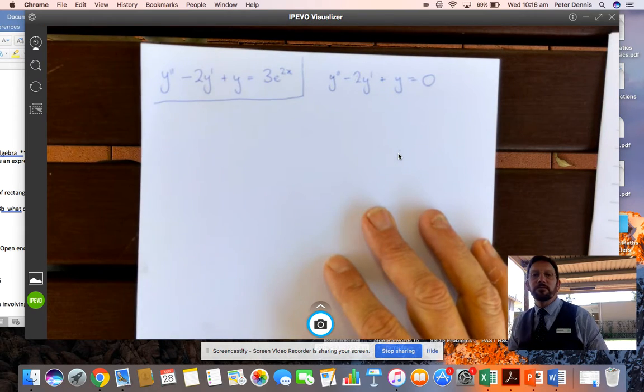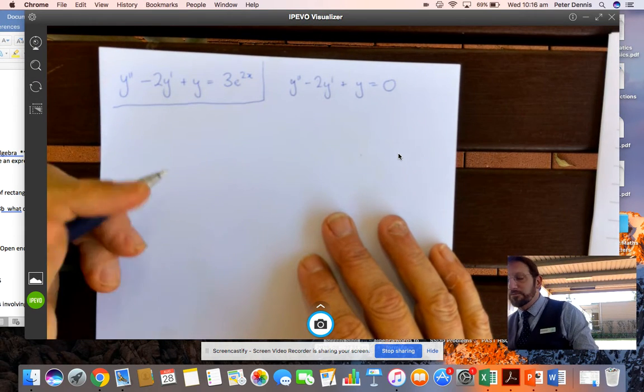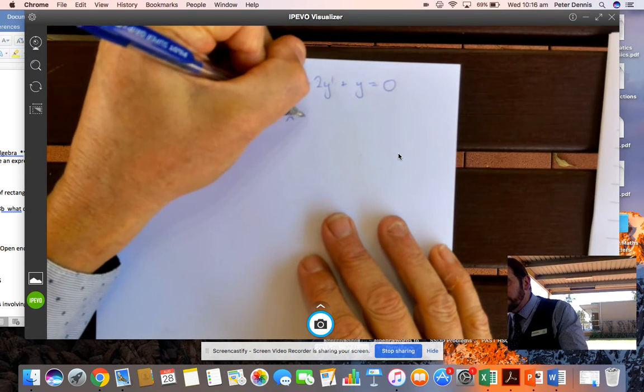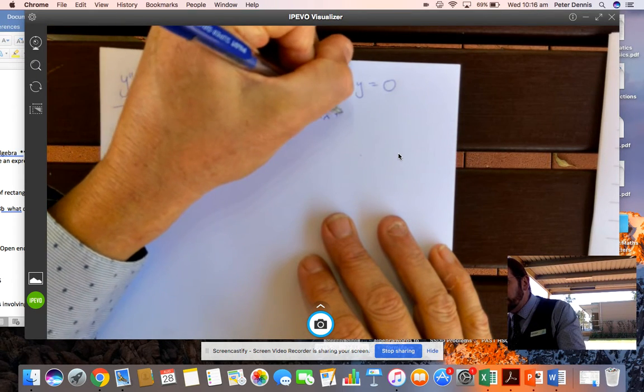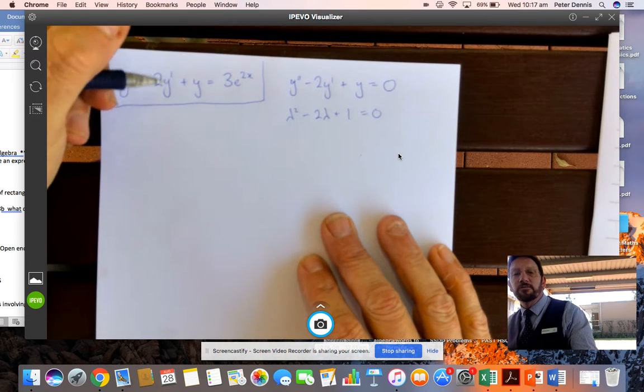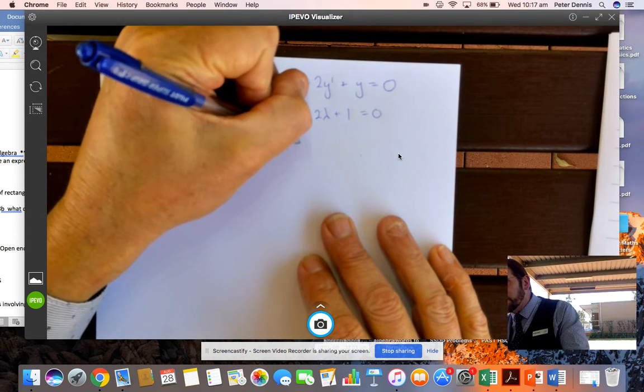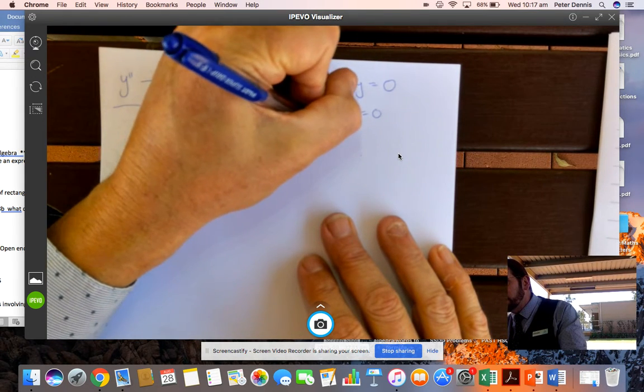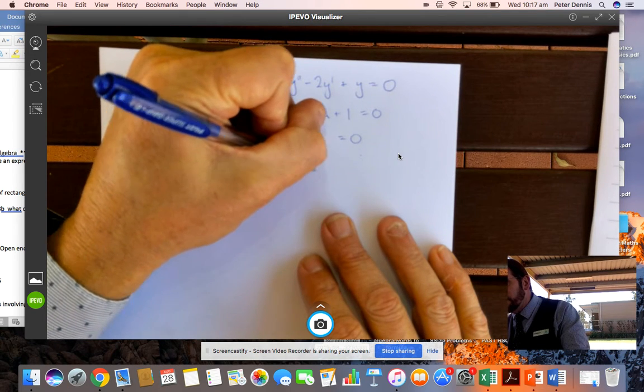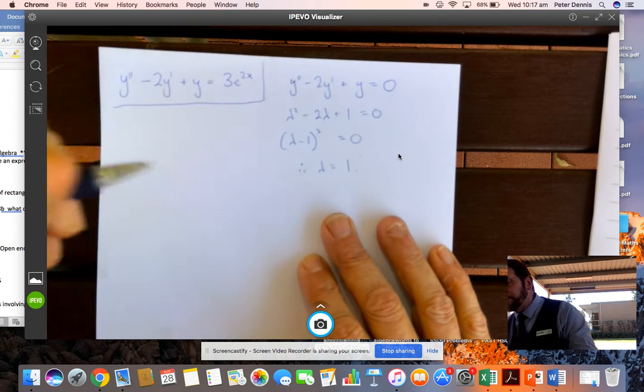And we're going to solve this as we did before. So this becomes lambda squared minus 2 lambda plus 1 equals 0. And we can solve this. So lambda minus 1 all squared equals 0. Therefore, lambda equals 1.